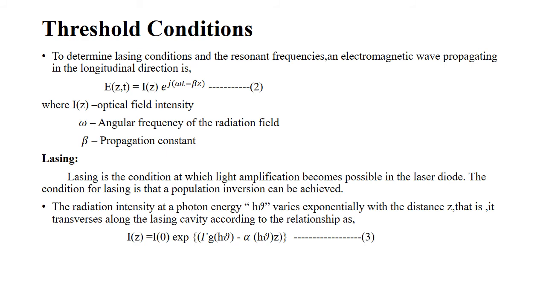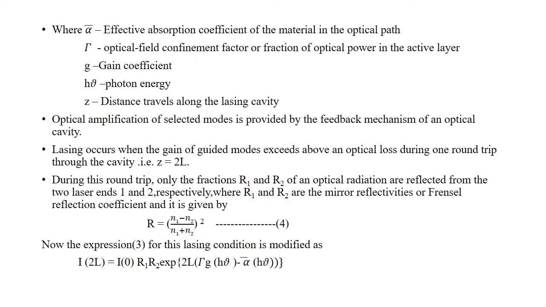Here alpha bar is the effective absorption coefficient of the material in the optical path, and the confinement factor is the optical field confinement factor or fraction of optical power in the active layer. G is the gain coefficient, h nu is the photon energy, and z is the distance traveled along the lasing cavity.